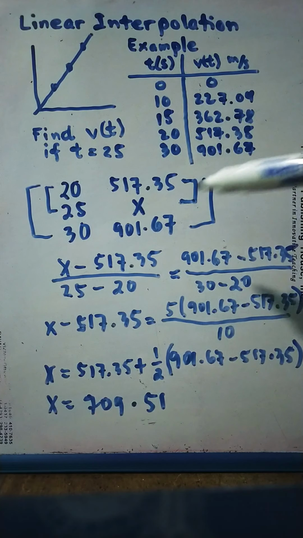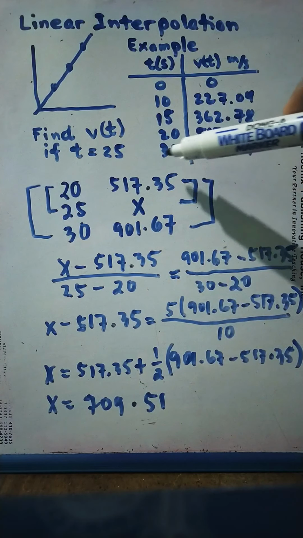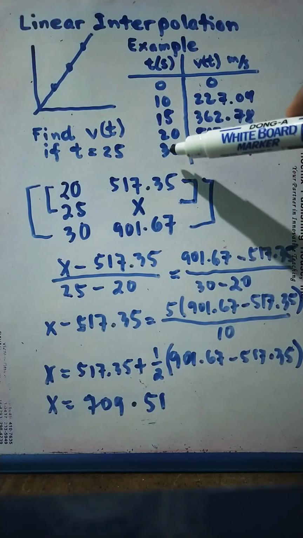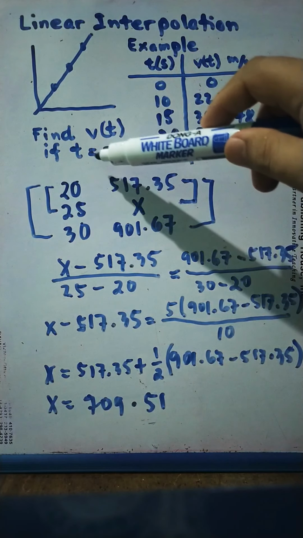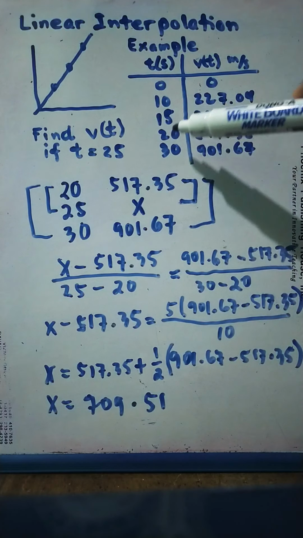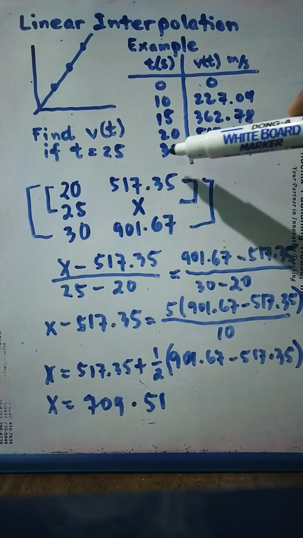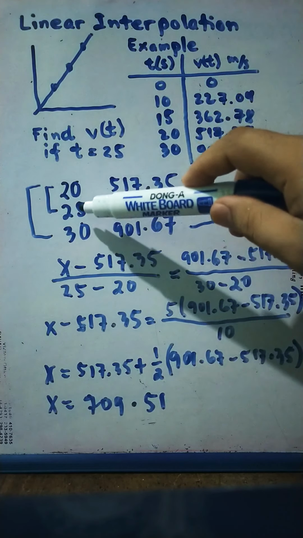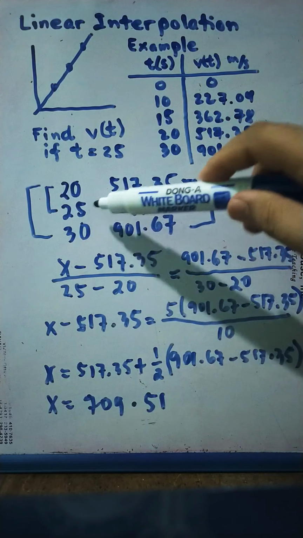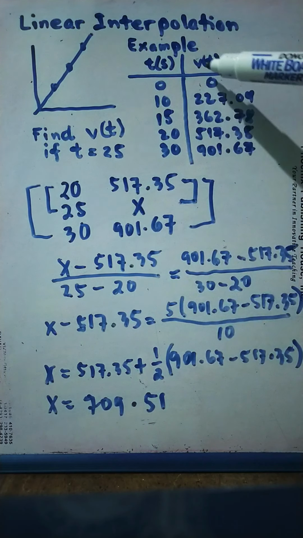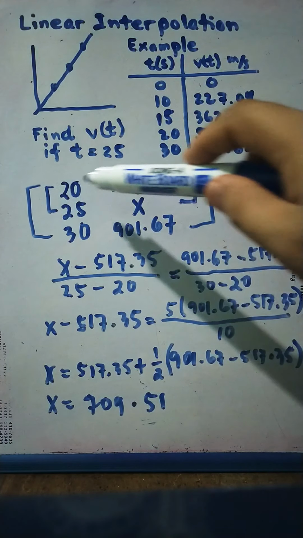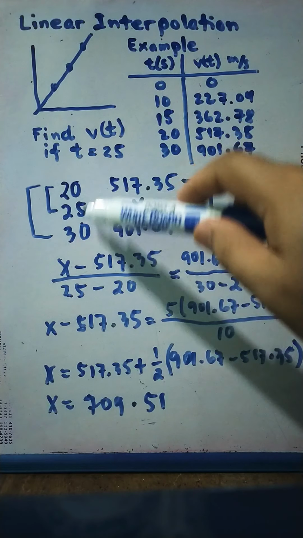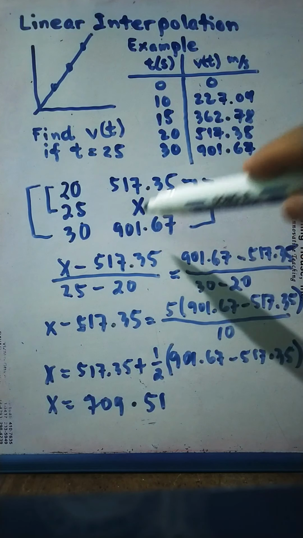So what you will do here is, if this is 20 and 30, and we want to find when t is 25, you pick up 20 and 30, the range wherein t can be found. Then you put 25 in the middle of 20 and 30 and write the equivalent v of t, our velocity. For 20 we have this value, for 30 we have this value, and for 25 this is unknown, so we write x.